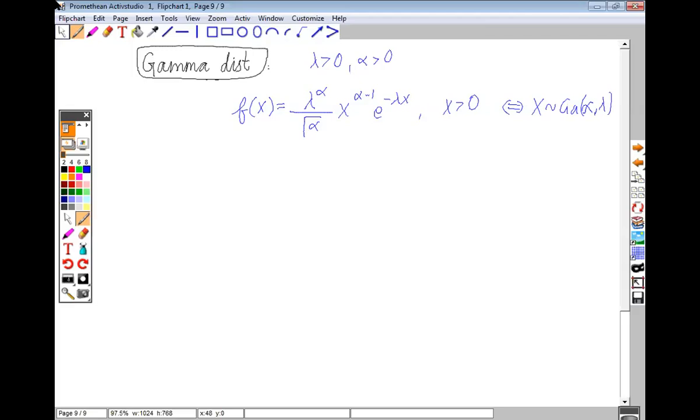Because see, what is 1 factorial? It's just 1, right? So let me write it. If I'm talking about 2 factorial, this is 2 times 1, right? If I'm talking about 3 factorial, this is 3 times 2 times 1, all right?